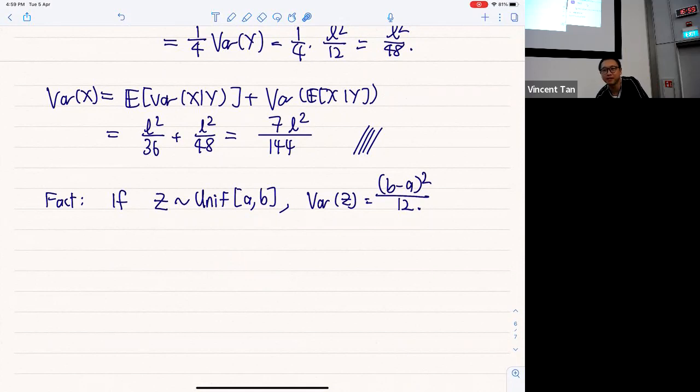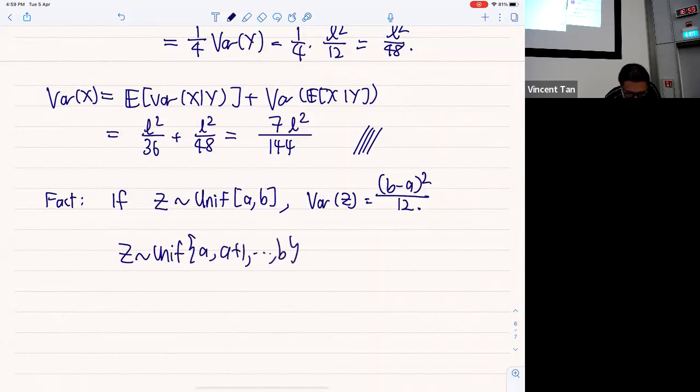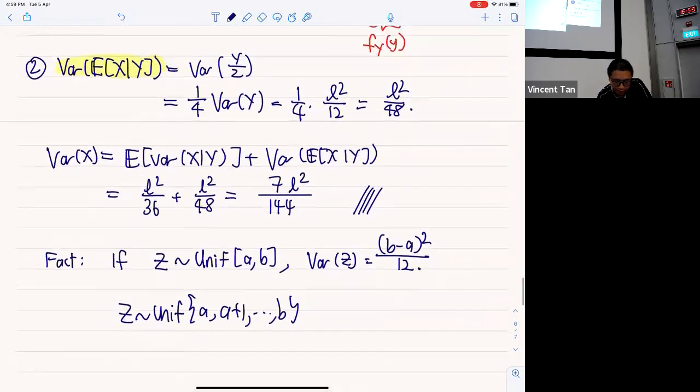Now very clear? This is continuous land. In the discrete land, I cannot really remember. If Z is uniform from integer A plus 1 all the way to B, I cannot fully remember, but I think David has it right in front of him, so you can go and check with him. There's something to do with +2 here. So, David, is this calculation clear?